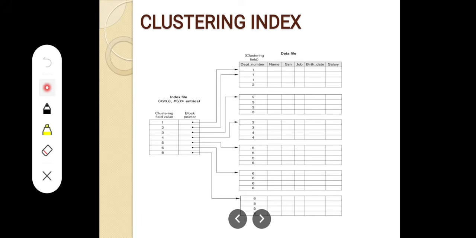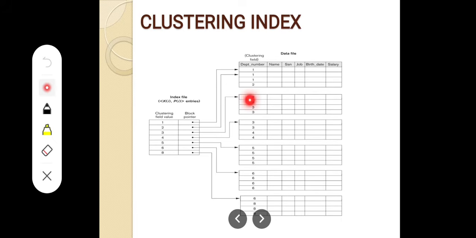There is an issue with the clustering index. That is, if you try to insert a new record, the placement of the new record will be a challenge in this scenario. For example, look here. Suppose I want to insert a new record of department number 2. How can we insert it?